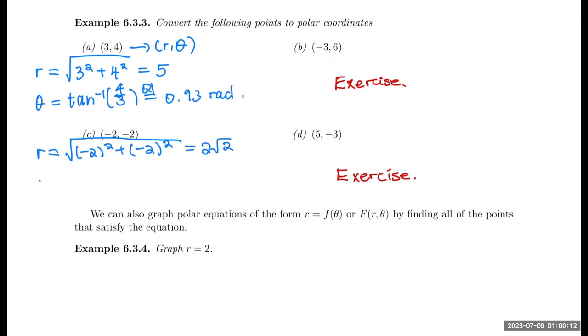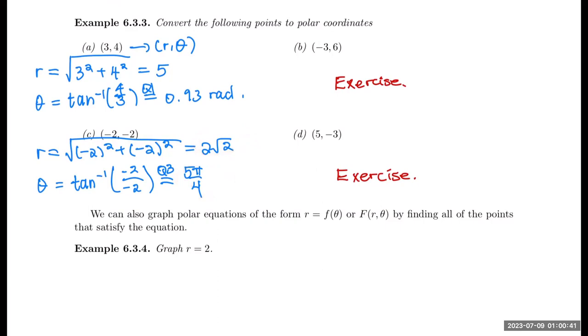And our theta here is going to be the tan inverse of negative 2 divided by negative 2. But since both x and y are negative, the angle theta has to lie in quadrant 3. Because this lies in quadrant 3, this is going to be 5 pi divided by 4. And that is going to be your r and theta.